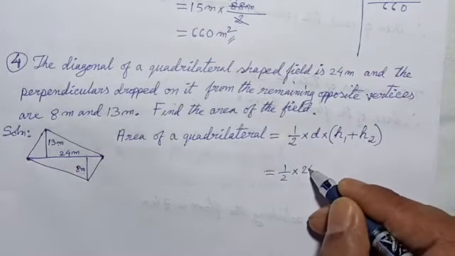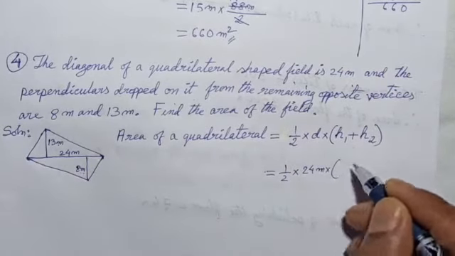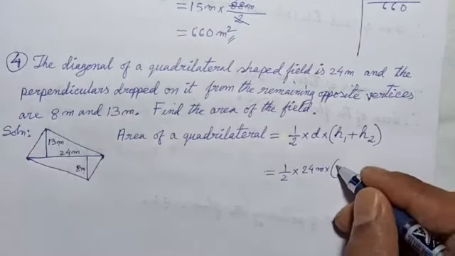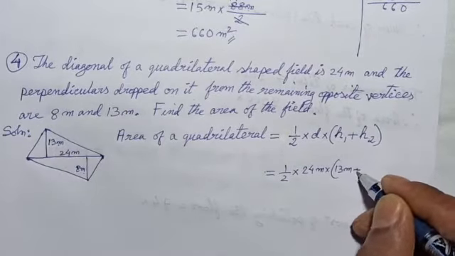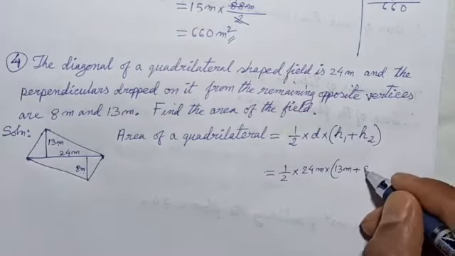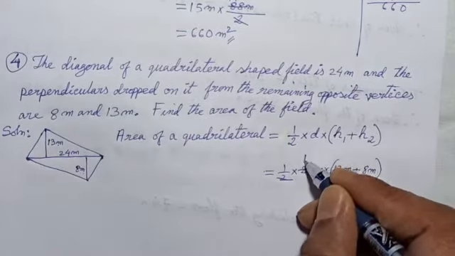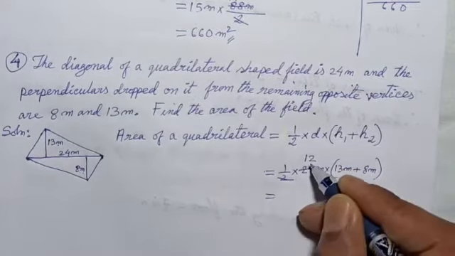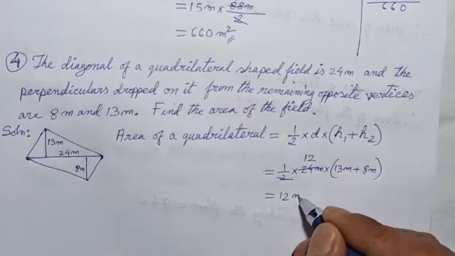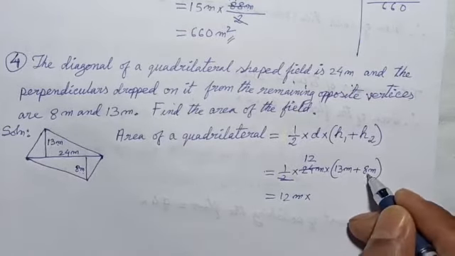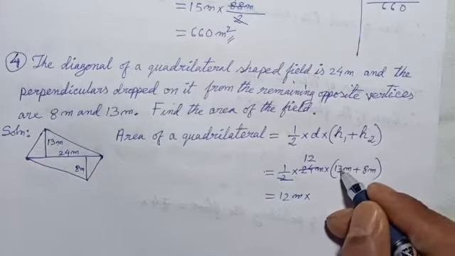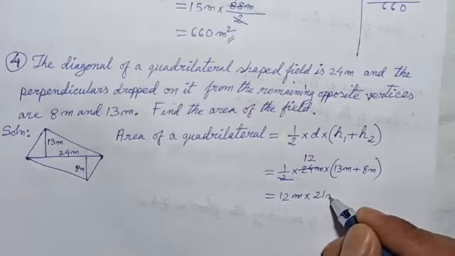So 24 meter into height 1 is 13 meter, and this height 2 is 8 meter. These two can divide 24, then we are getting 12. So 12 meter into 13 plus 8, that is 21 meter.